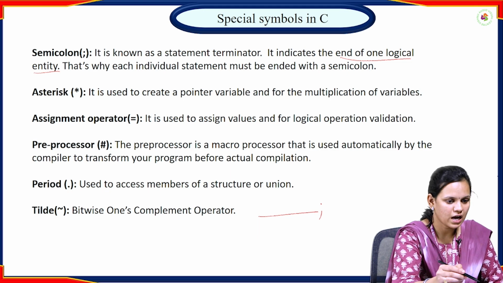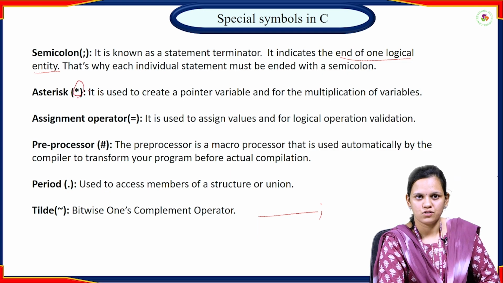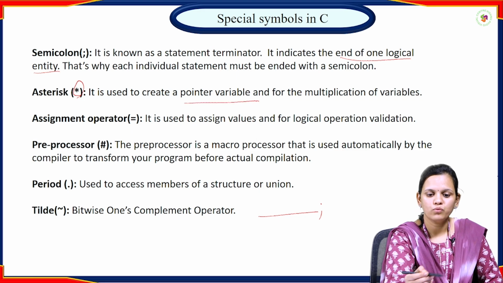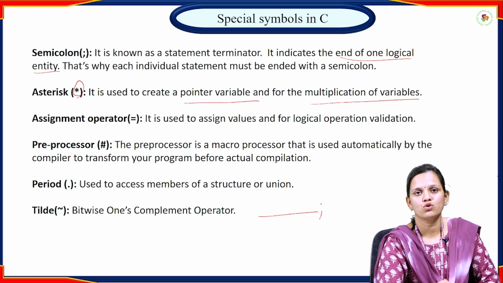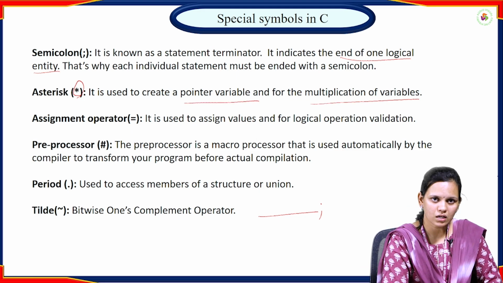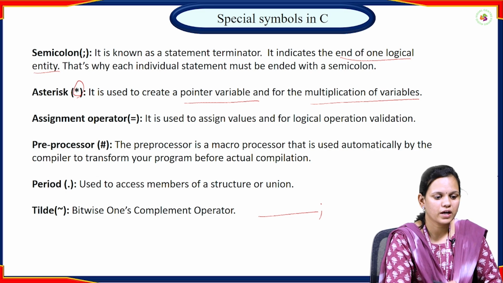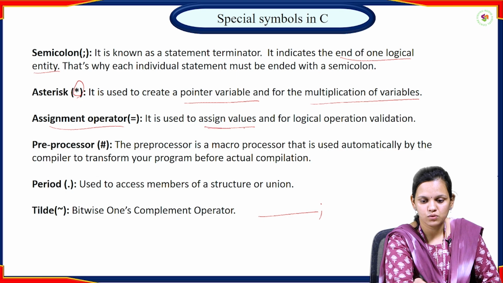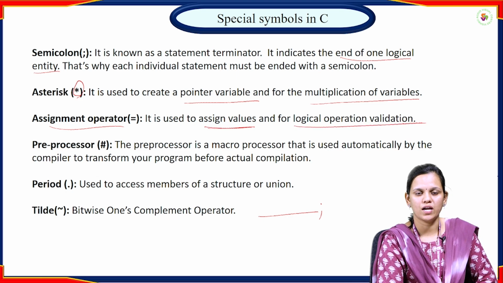And then we have asterisk. Asterisk is used for pointer variables as well as multiplication of variables in the C programming language. And the assignment operator is used to assign values and for logical operation validation.